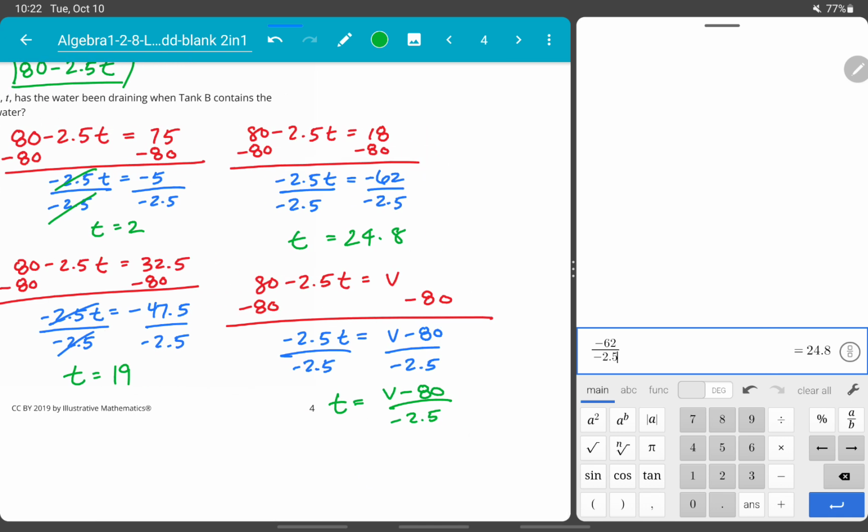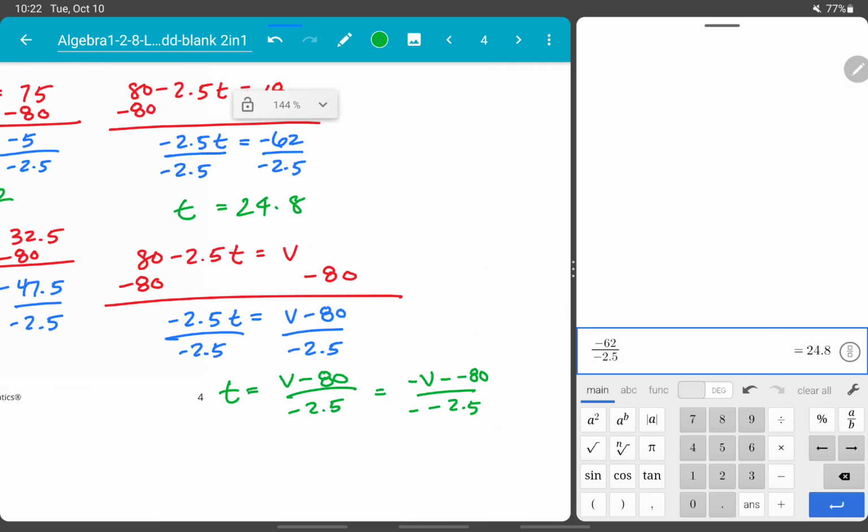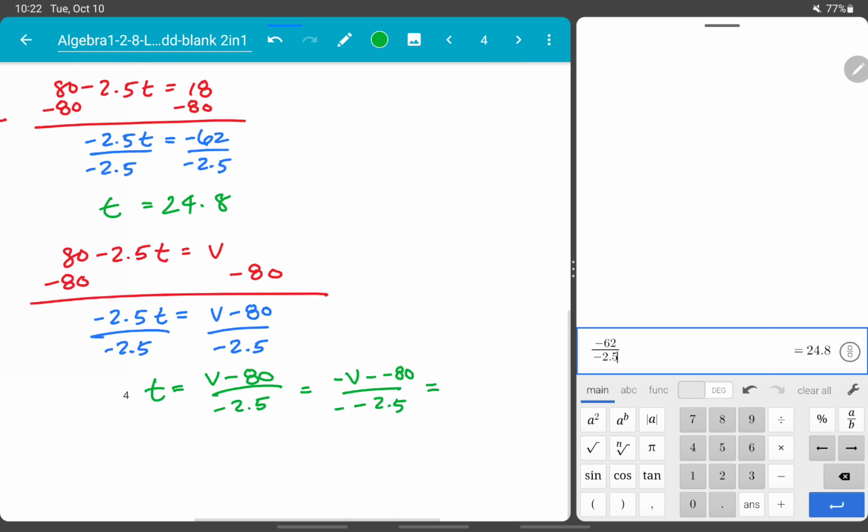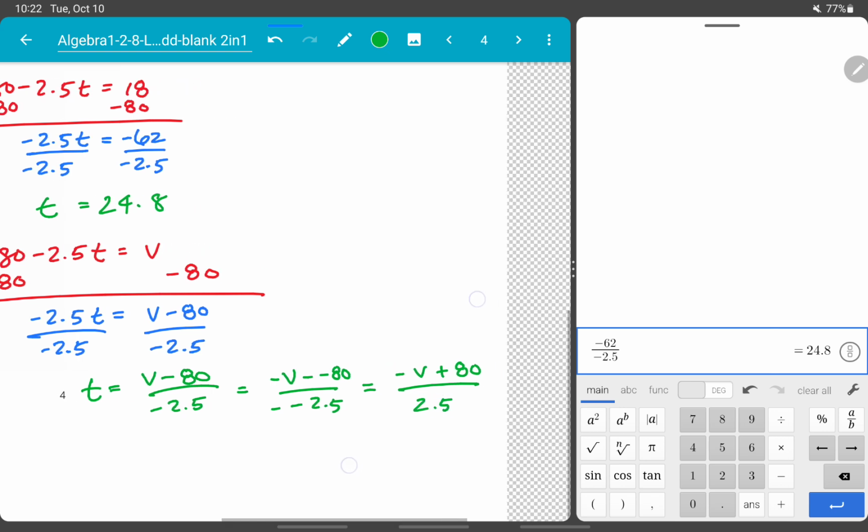Alternatively, we can switch all of these around if we multiply everything by negative 1. That would get us negative V plus 80 over 2.5, and you're going to see where I'm going with this.